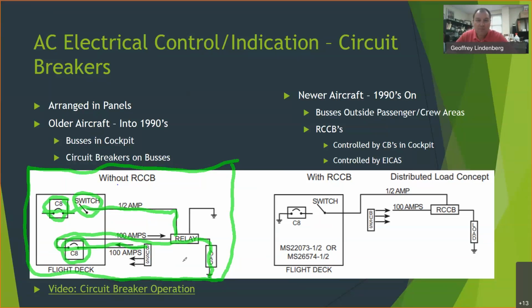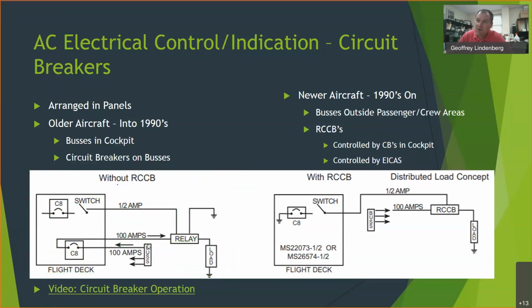Those feeds are kept down in the electrical and equipment bay or avionics bay, somewhere under the floor, down in the wing box area. And they're closer to the generation point and to the load point. So right now, on these older systems like the 727, power comes from the bus, which, remember, is being generated by the engines.